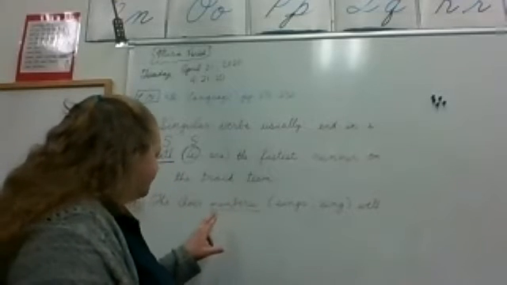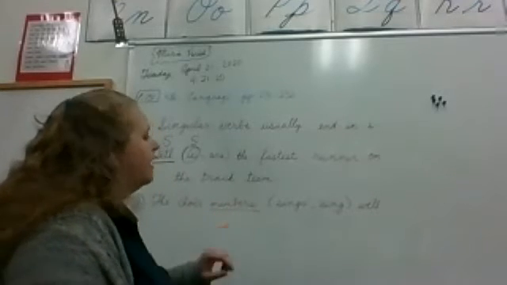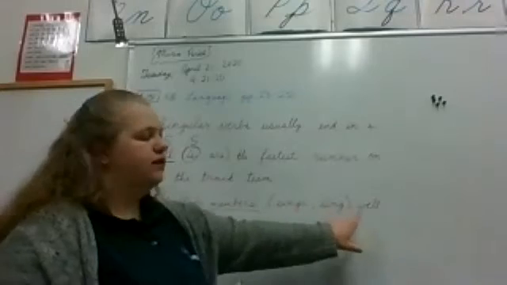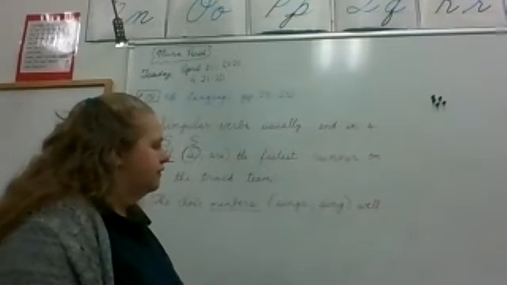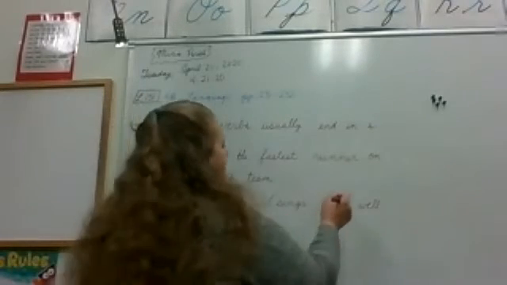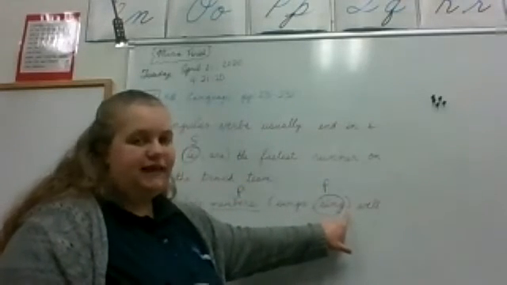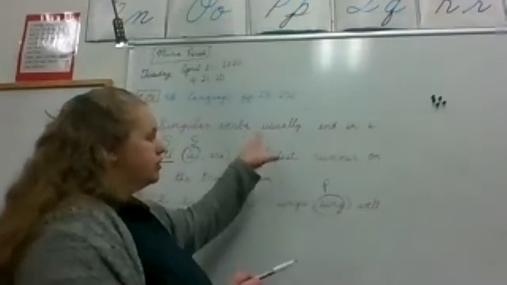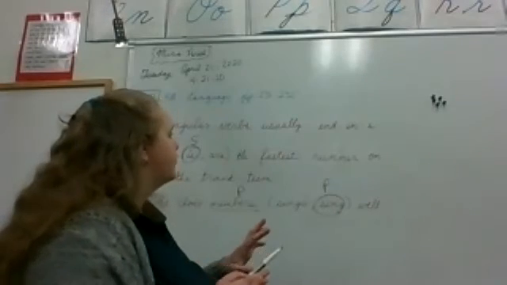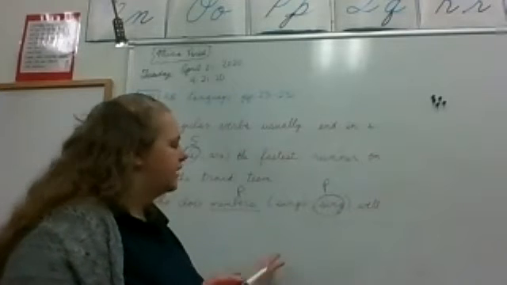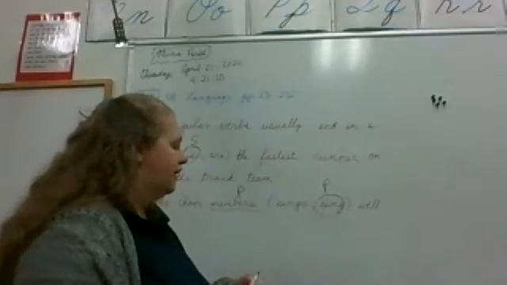So the choir members. Now we want to find our verb that matches that. So the choir members sings well, or the choir members sing well? Sing well, right? So this is plural and this is plural. And notice that this one does not end in an S. Now, that's most of them. Sometimes you will have a singular verb that ends, it's a very strange situation, but sometimes it ends in S, but most of the time they do not end in S, okay?